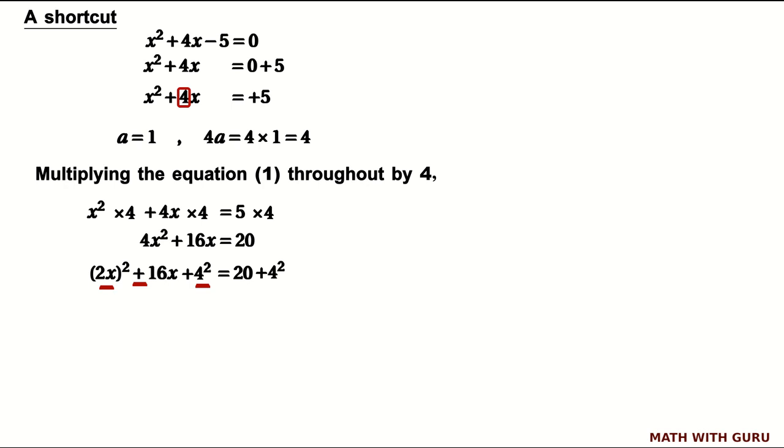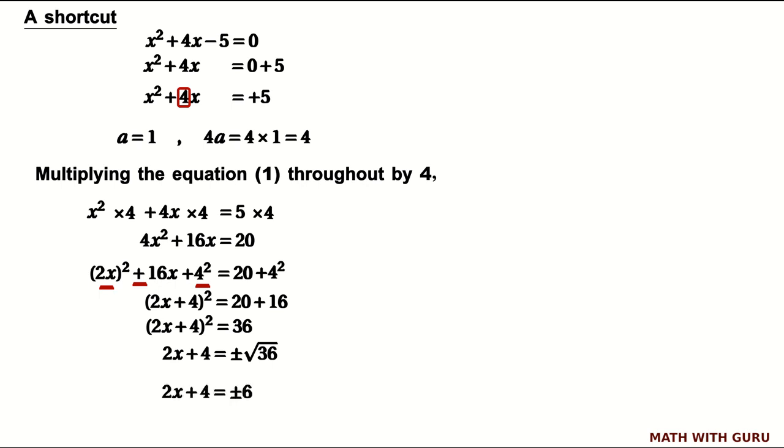Therefore, we can factorize this as (2x plus 4) whole squared equals 20 plus 16. The remaining steps are exactly as in the previous method. 2x plus 4 equals plus or minus root 36.